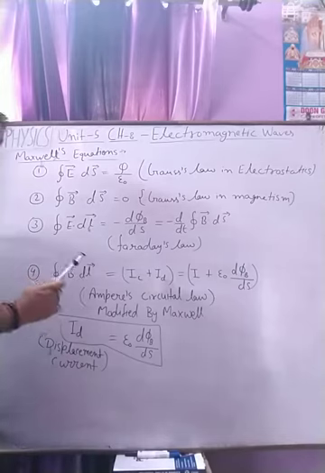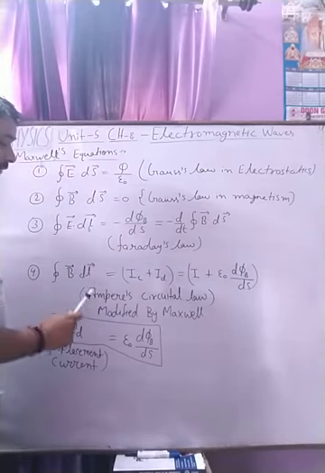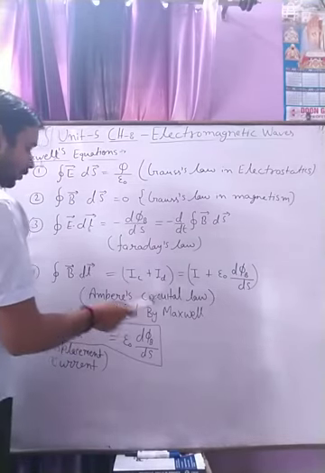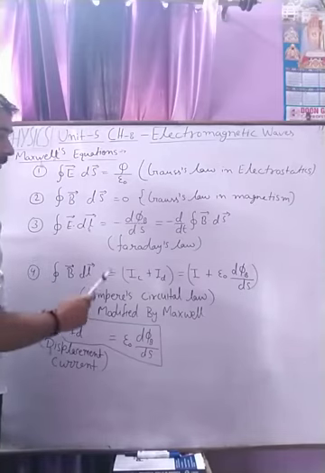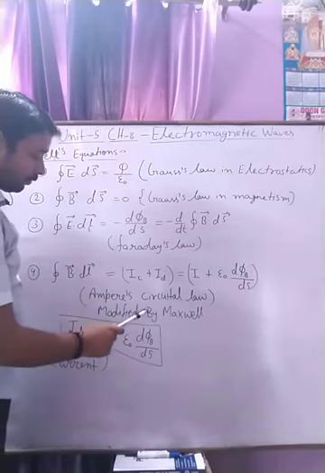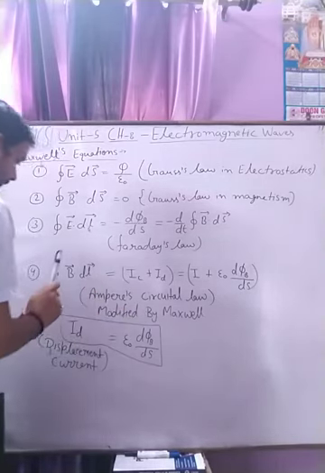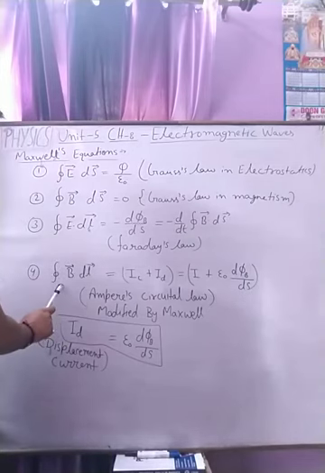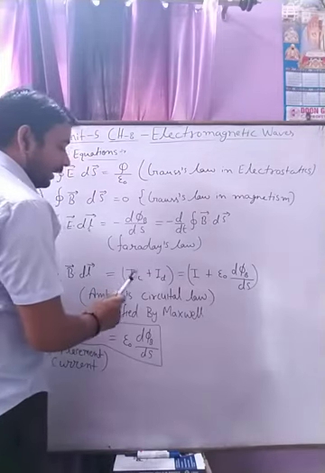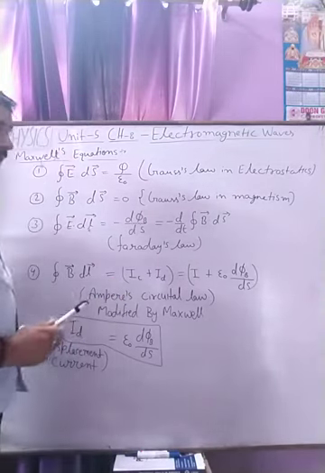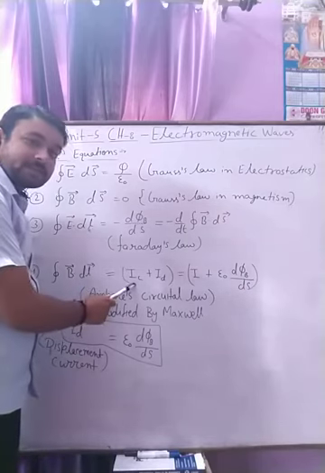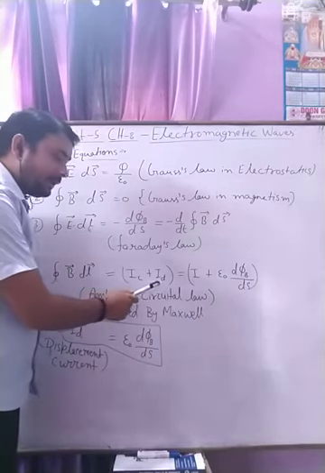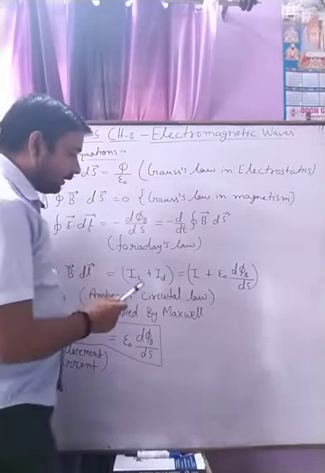modified by Maxwell and called the modified Ampere circuital law, that is the line integral of magnetic field is equal to IC plus ID, wherein IC is conventional current and ID is displacement current.